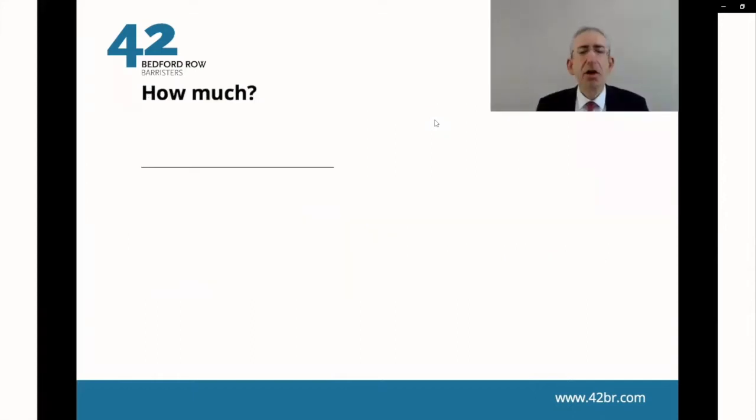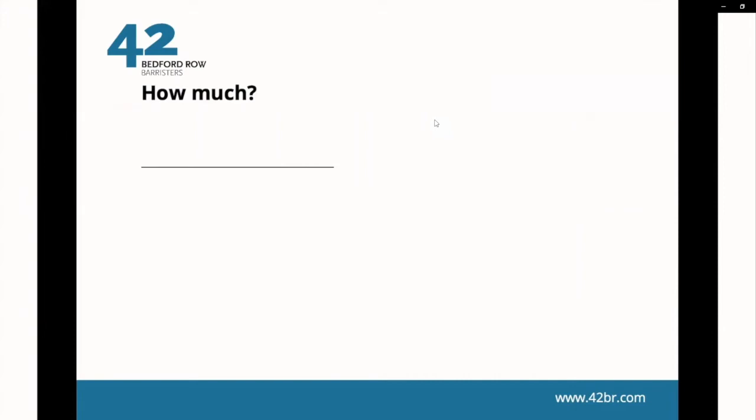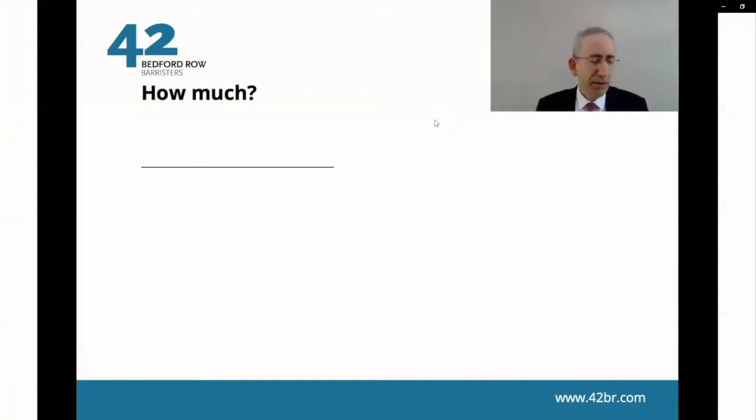The amount of an order made as a rent repayment order. But I just mention one particular point that's relevant to local authorities. Where there has been a conviction or a civil financial penalty made against a landlord, then there is a mandatory amount that the rent repayment order must relate to.